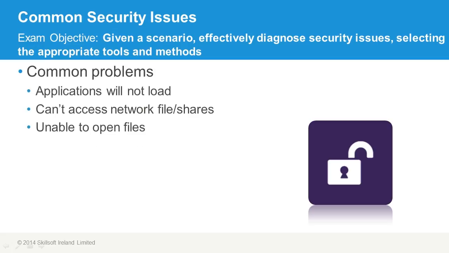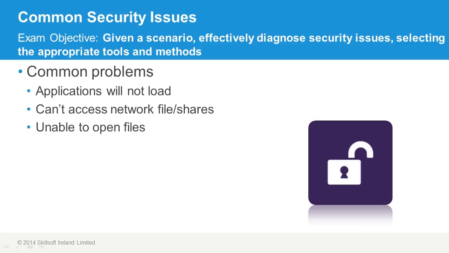So, other common problems: applications maybe don't load. You cannot access file shares, or you're unable to open files. Now, in this case, this maybe is an example of the principle of least privilege going too far. But if you are trying to load an application that already has a file associated with it, again, such as a database or maybe a financial application, and you can't load it, it can be because of permissions.